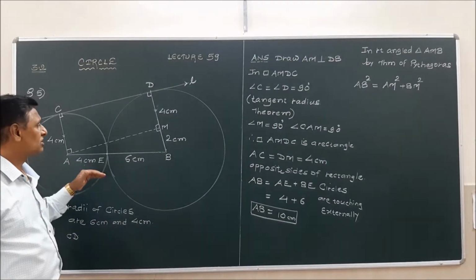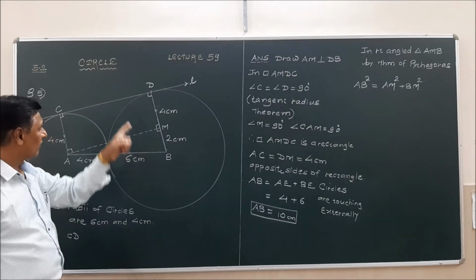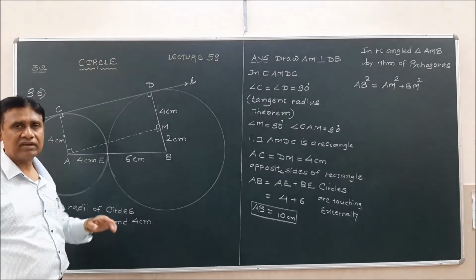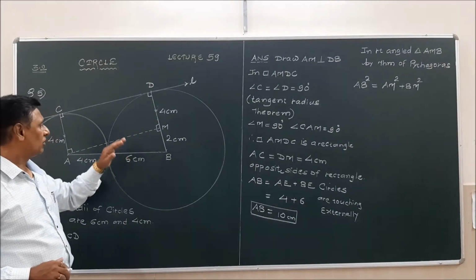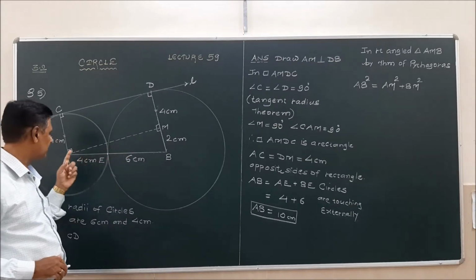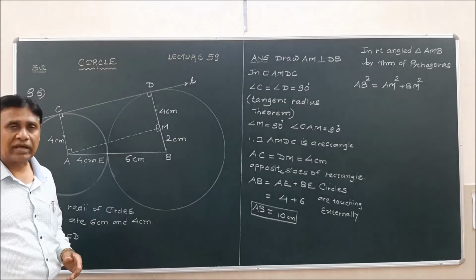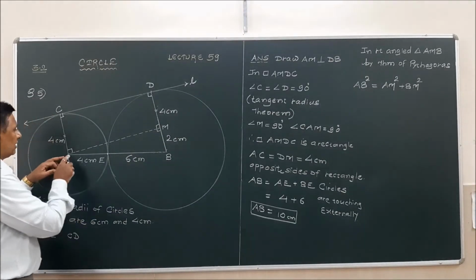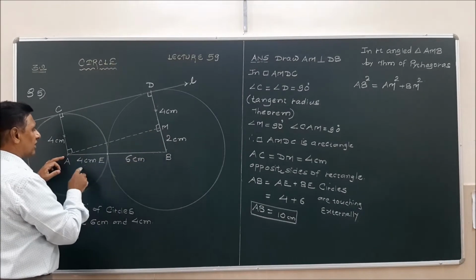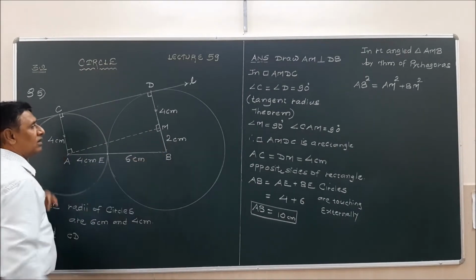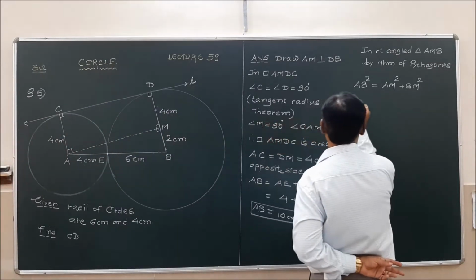Generally we always draw the triangle this way, but no, AM is not the hypotenuse. It is very important to understand that AB is the hypotenuse because it is opposite to 90. Then apply the theorem of Pythagoras: AB square is equal to AM square plus BM square. AB is given as 10.